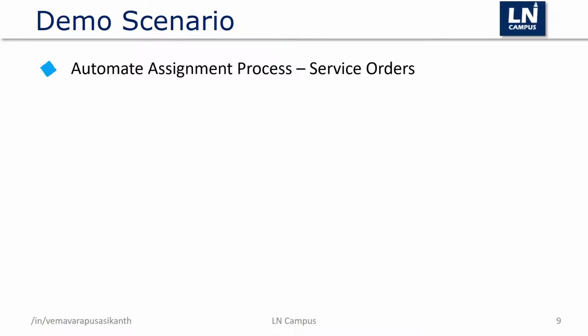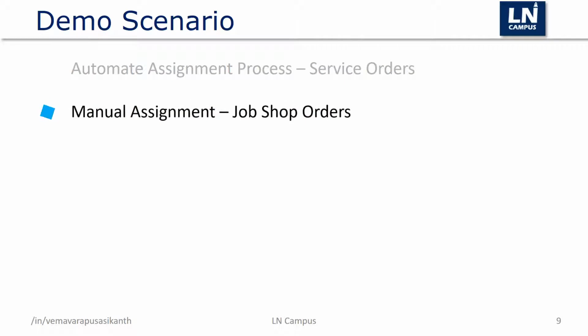The first scenario is all about assigning the employees to the activities using an automated assignment process. For this, I am going to consider the service orders that I have already created in ERP LN. Then the second scenario is about how to assign an employee to an order manually without using the automatic process.